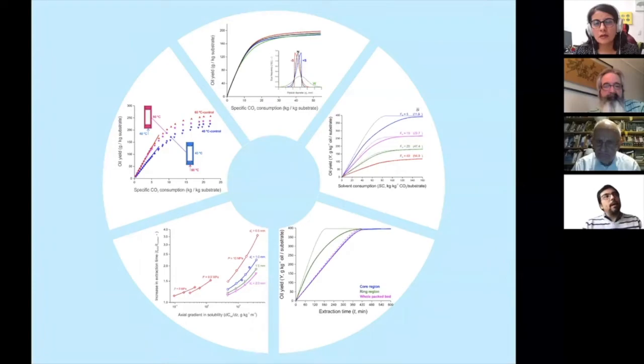But in our case, for cumulative extraction curves, we need a minimal number of experimental data points to describe very well the diffusion zone.